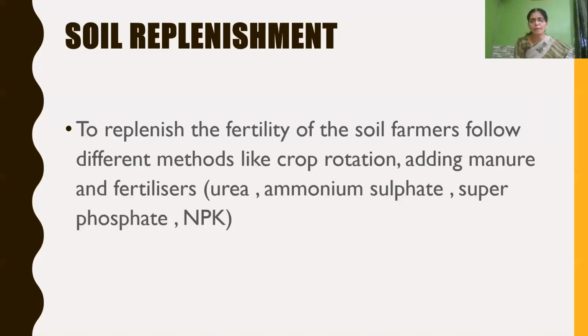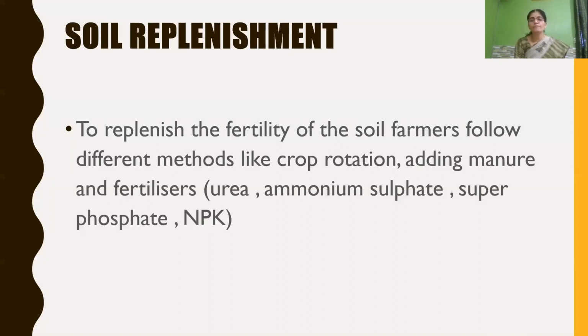Next is adding manure and fertilizers. Manure is an organic substance which is prepared in the field itself, and fertilizer is a chemical substance which is prepared in factories. Names of some chemical fertilizers are urea, ammonium sulfate, superphosphate, NPK.